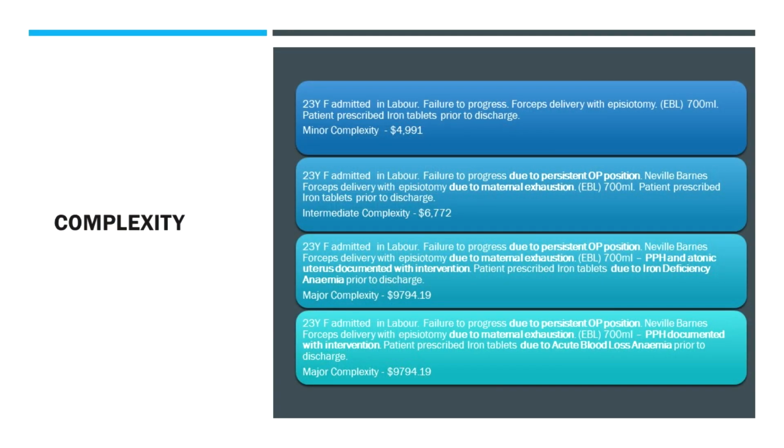Here's a few examples, just briefly, that are highlighting how small changes to the documentation, which we've highlighted in bold, adding those diagnostic statements, adding the due to, the causal relationship between an intervention or an event and the underlying cause, will make a big difference in terms of funding.